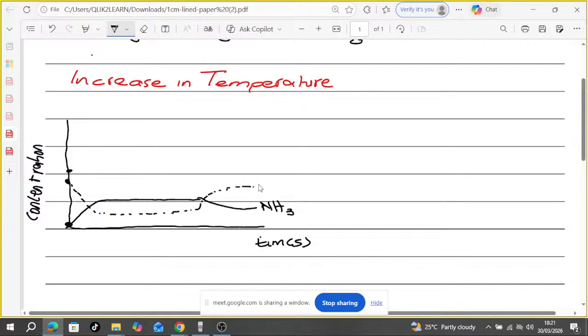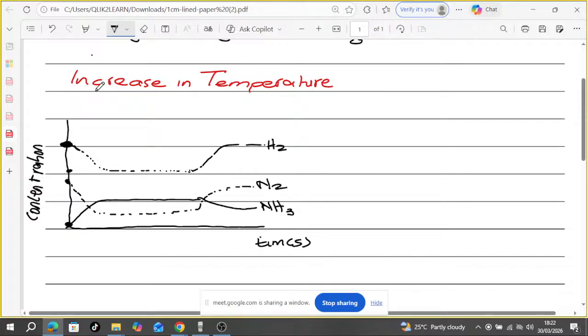Don't worry, everything will make sense. This is N2, the nitrogen. Hydrogen has 3 moles of H2, so it will start somewhere here. It drops, and when it reaches equilibrium the rate will be the same, then from here it goes up again. This one is for H2. This is what I need us to work on today.